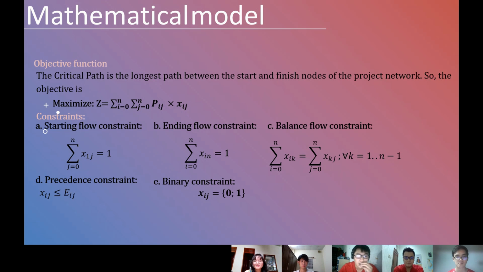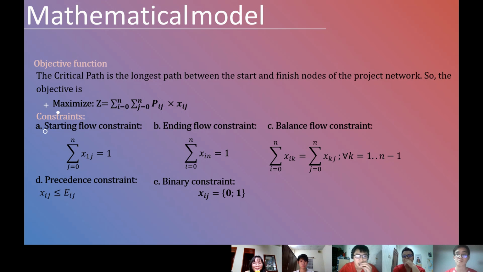The next is the precedence constraints with Xij smaller than or equal to Eij.